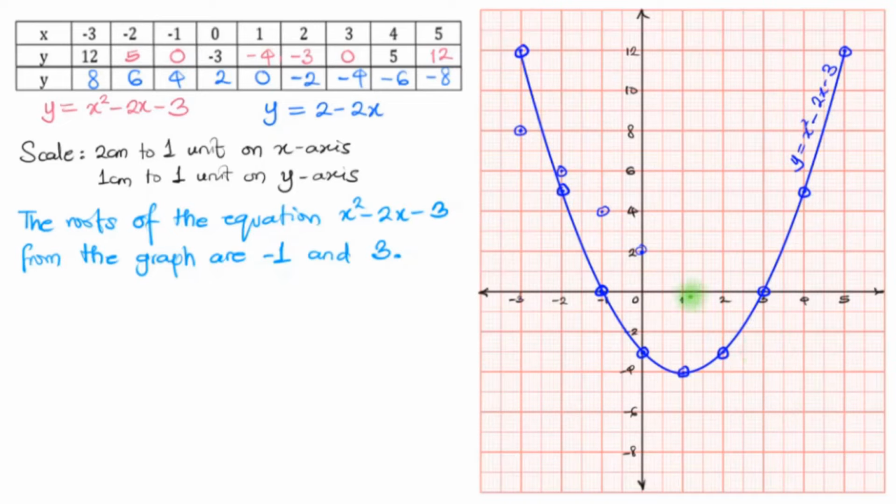We have 1 and 0, 1 on x-axis and 0 on y-axis, so that will be here. We have 2 and -2, that will be featured here. We have 3 and -4, okay. Then we have 4 and -6. Then we have 5 and -8.